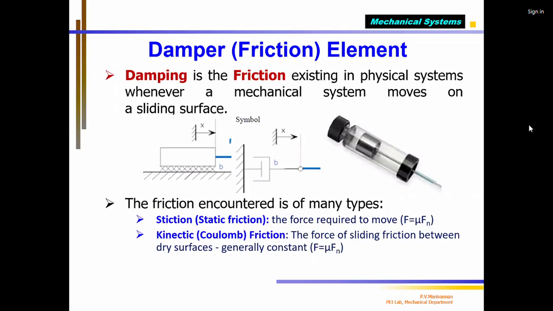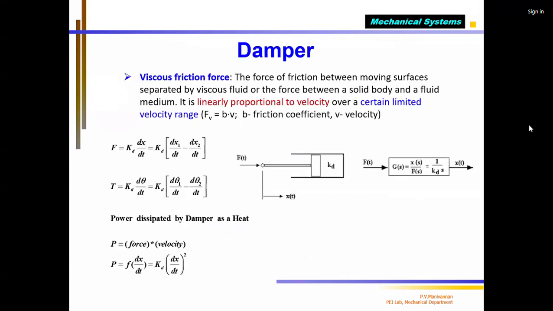The radius of the piston will be smaller than the radius of the cylinder, so there's a small gap. It will be filled with fluid or air. So when the piston moves, the fluid will go from one chamber to another through the gap, and the gap width and also the viscosity of the fluid decide the damping force. And then we also saw different types of friction: friction, kinetic friction, and so on.